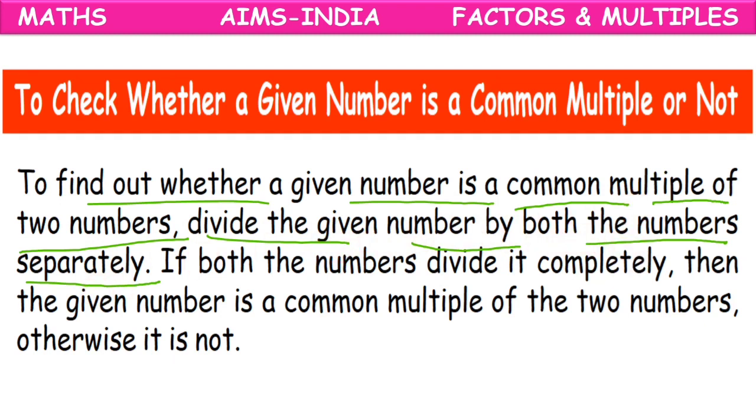We will have two or more numbers, and only then can we find the common multiple. If both the numbers divide it completely, then the given number is a common multiple of the two numbers, otherwise it is not. Understood? Only after dividing can we say whether it is a common multiple for both the numbers or not.